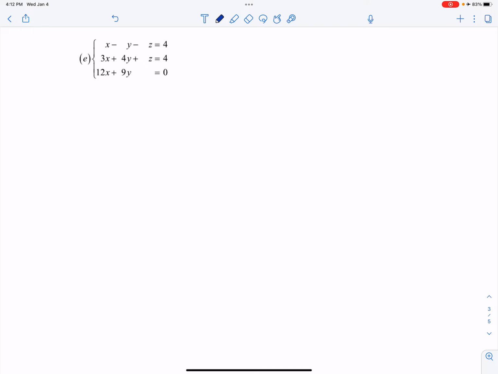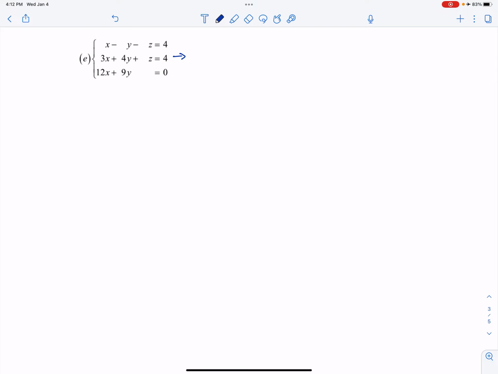Okay, let's solve another one. So for this one, the first thing I'm going to do is multiply the first equation by a negative 3.